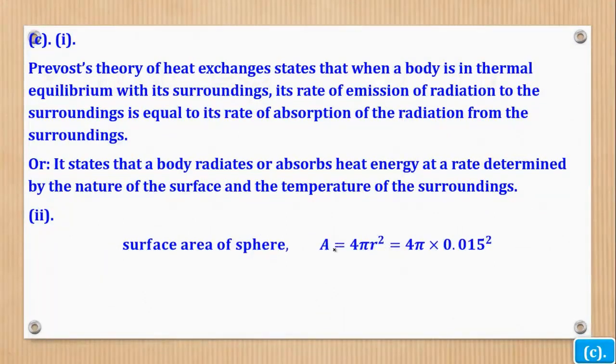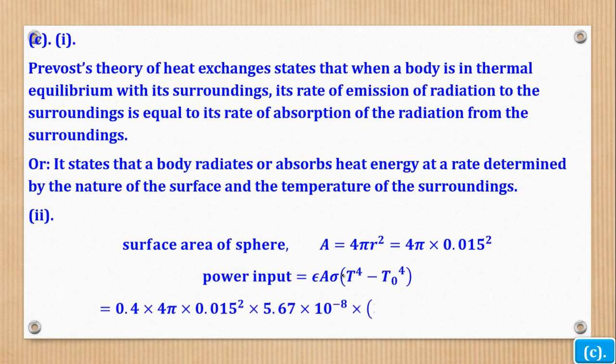The surface area of the sphere is given by 4πr². Therefore, the power input is given by this formula, where this is the emissivity, this is the area, that is Stefan's constant, and this is the change in temperatures: the temperature of the body radiating and the temperature of the enclosure.